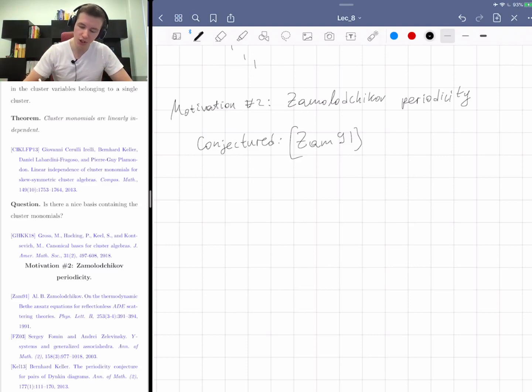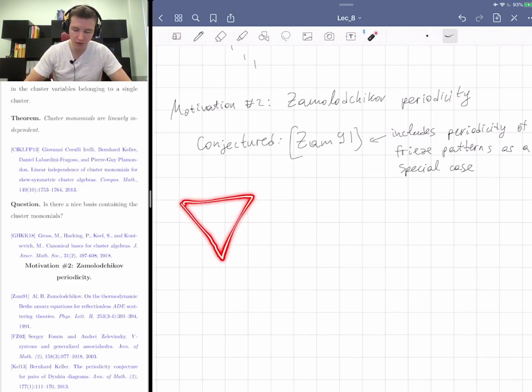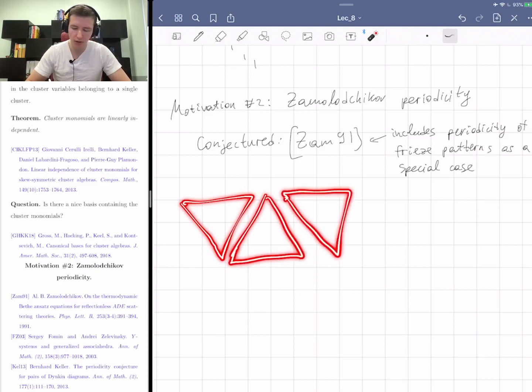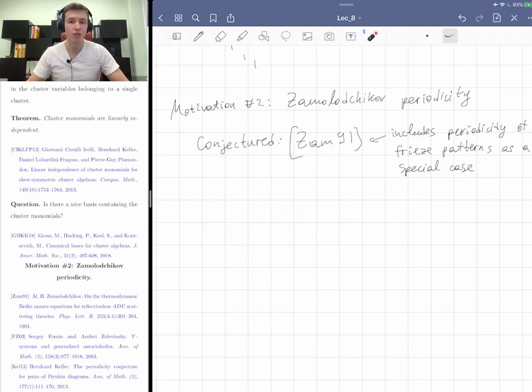This conjecture includes the periodicity of Frieze patterns as a special case. Remember we had these triangles and Frieze patterns which went like this. Zamolodchikov conjectured the same thing happens for every Dynkin diagram.